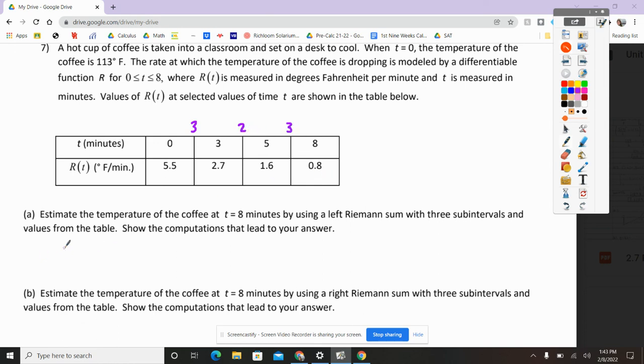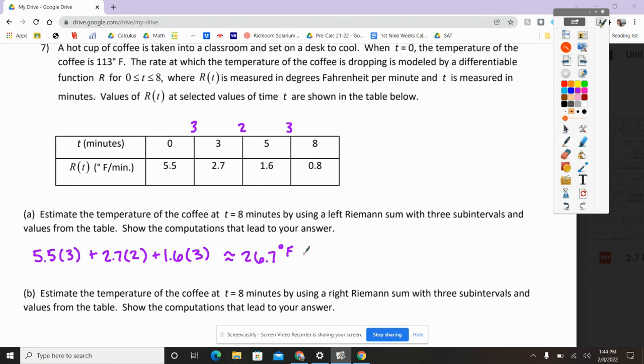So our left would be approximately 5.5 times 3 plus 2.7 times 2 plus 1.6 times 3. And that is approximately 26.7 degrees Fahrenheit.